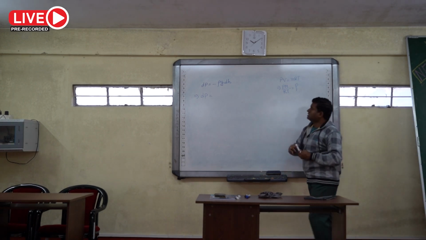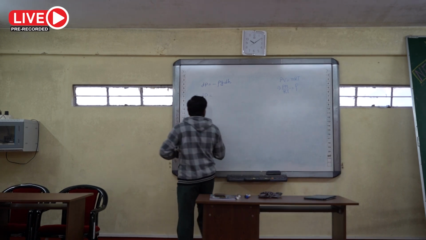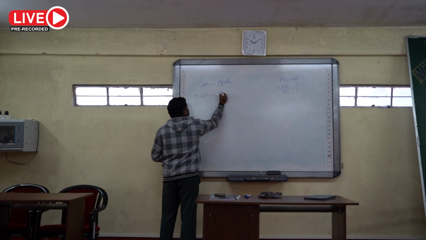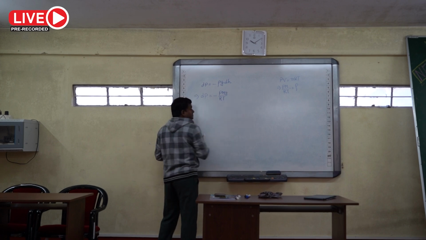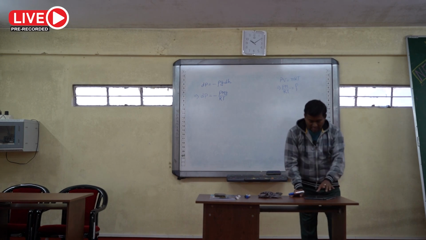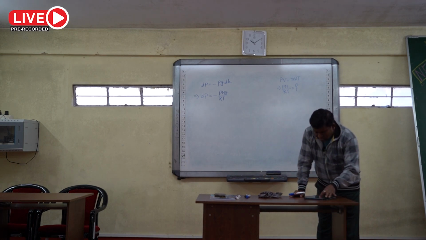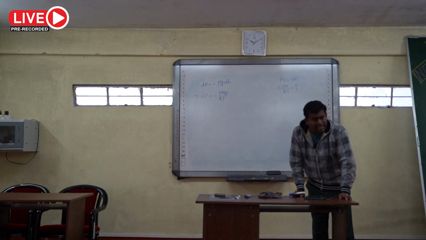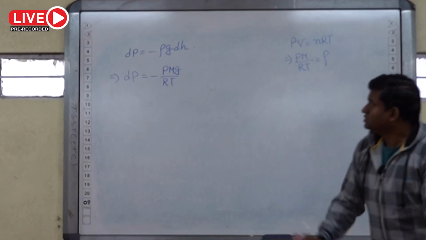Now you can substitute this here: minus PM by RT into g. Now T is mentioned in the problem as a function of height, T equal to T naught minus KH.